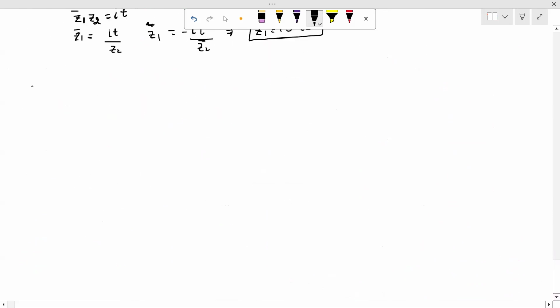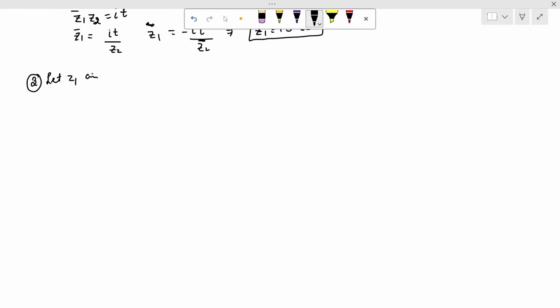Now see what you are given. Let Z1 and Z2 be two non-zero complex numbers.